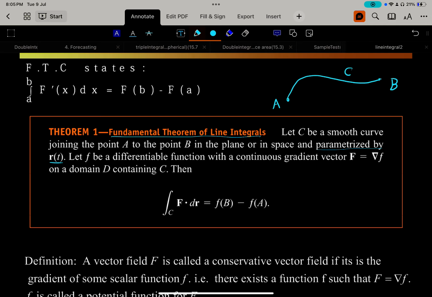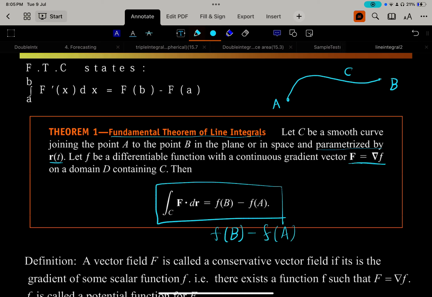Now let f be a differentiable function with a continuous gradient vector F equals the gradient of f on a domain D containing C. Then this line integral is going to equal our potential function evaluated at B minus our potential function evaluated at A.